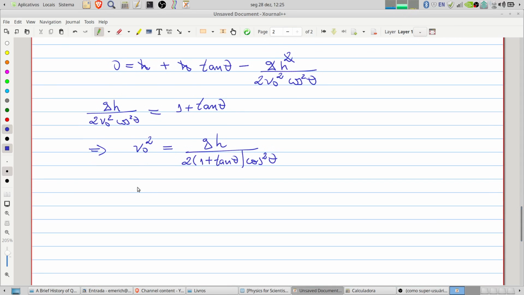And now we can substitute our numerical values, and we'll have 9.81, here the height will be 20 meters, divided by 2 multiplied by 1 plus the tangent of 53 degrees multiplied by cosine squared of 53 degrees.